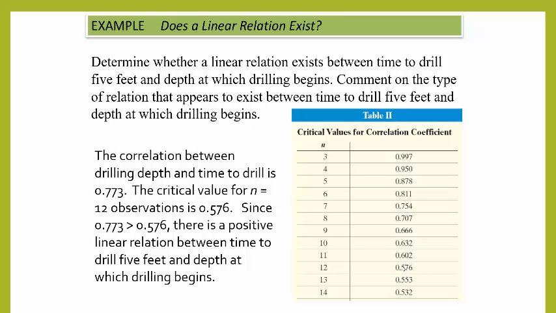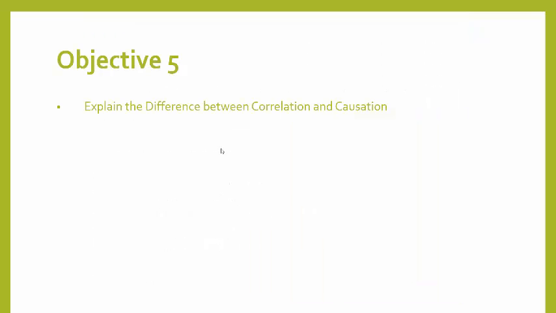If our correlation coefficient, which was 0.773, is greater than that number, 0.576, we can say for sure there's a positive linear relation between the two variables, so between time to drill 5 feet and depth at which the drilling begins. So you look at the sample size, you get the cutoff value, and if you're above the cutoff value, you can say there is that linear relationship.